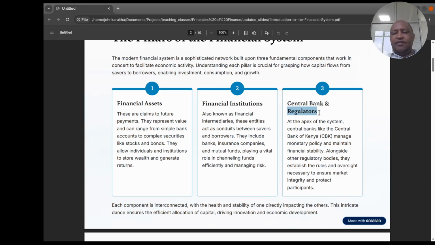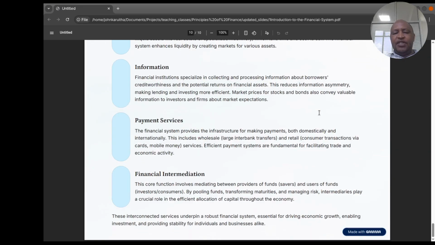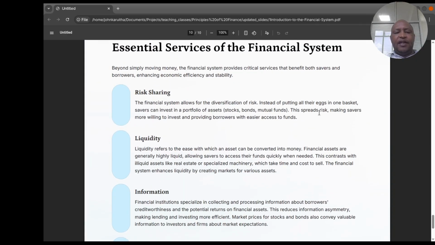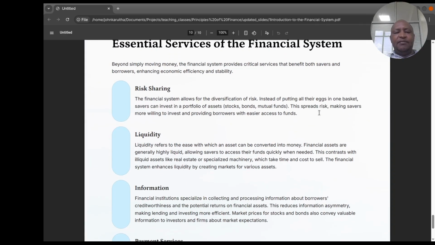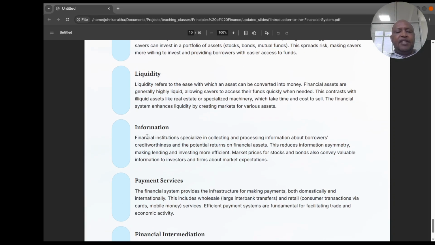So that is the financial system. And what does the financial system do? It facilitates risk sharing through things like insurance and diversification. Liquidity, it allows you to convert your assets very quickly into cash. If you have financial assets, you can convert them into cash very easily. It collates a lot of information and therefore is able to make decisions on whom to lend money to, whom not to lend money to.